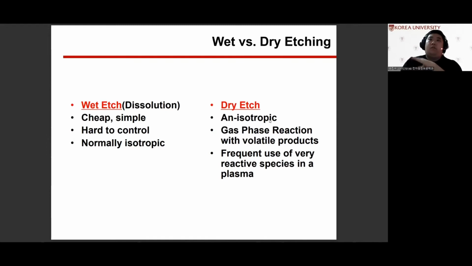On the other hand, the dry etch process costs a lot because they usually use plasma devices, but it is widely used to make anisotropic etching, and it is easy to control, but the process and the device for dry etching are much more expensive.